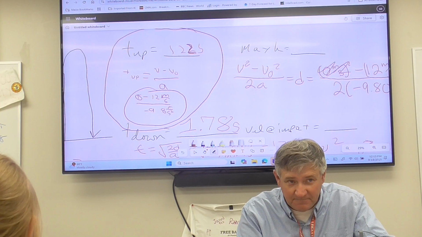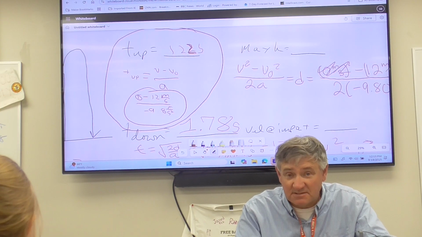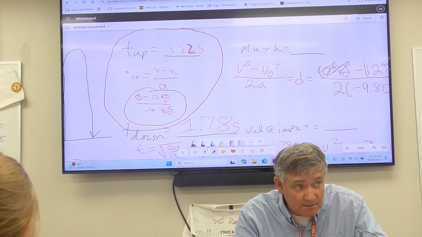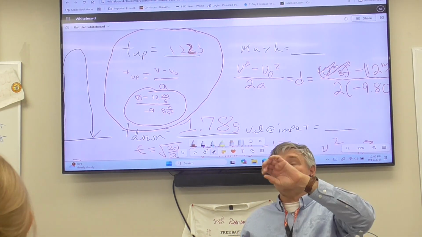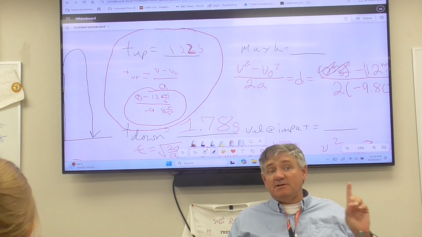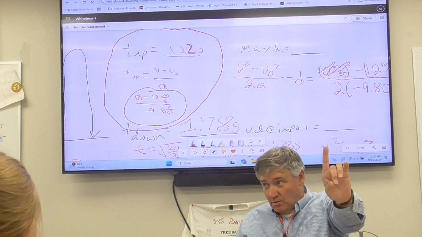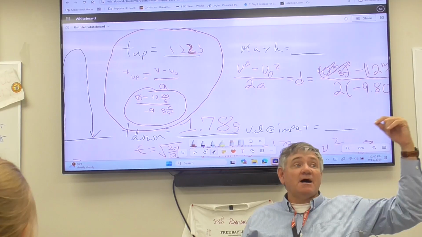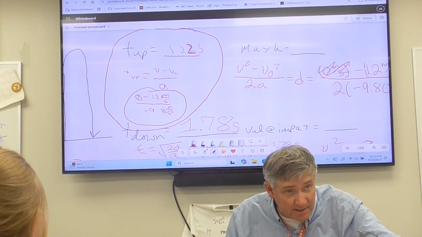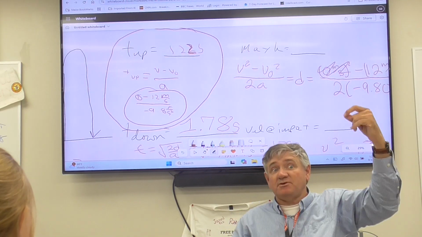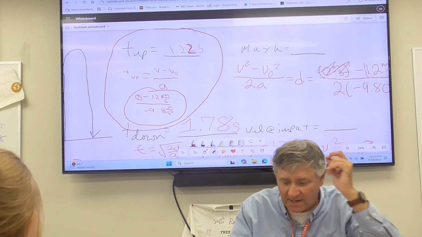Why? Because your initial velocity is bigger than 9.8. If your initial velocity had been 9.8 meters per second, it would take exactly 1 second. My velocity was more than 9.8, so my time should have been more than 1 second.